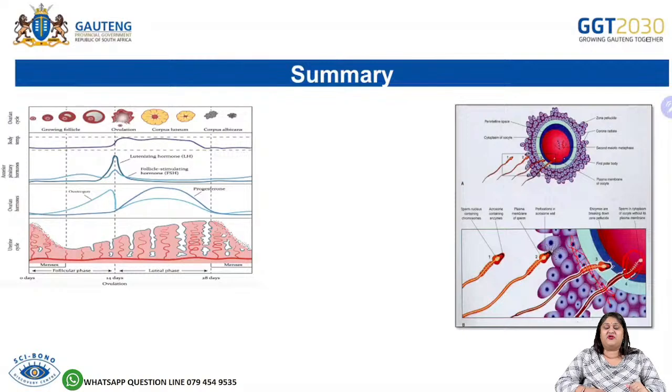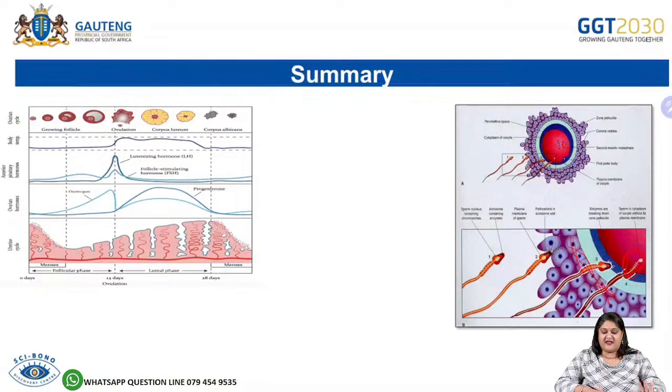Then we spoke about how the zygote is going to develop by mitosis into a 2-cell structure, a 4-cell structure, eventually into a morula and a blastocyst, and that blastocyst is going to implant in the endometrium. When it implants in the endometrium, it's going to grow extra embryonic membranes.